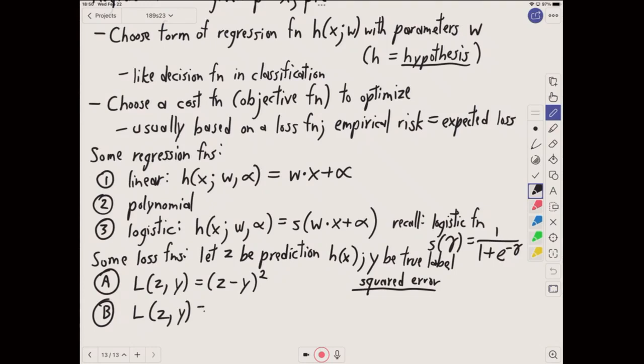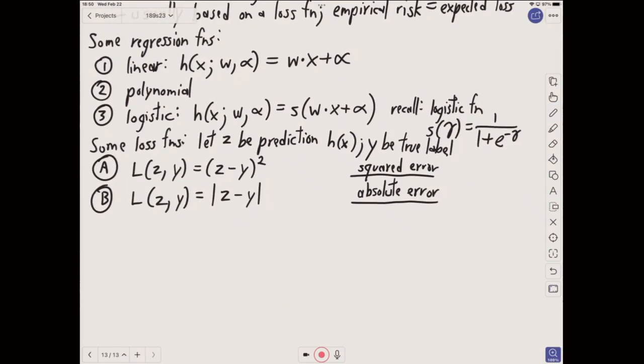In some circumstances, like if you have really bad outliers, you might prefer to use the absolute error instead of the squared error. So you just take prediction minus true label and take the absolute value of the difference between them. In some ways that makes more sense, but computationally it's a lot harder to do, which is why it's not as popular as the squared error.